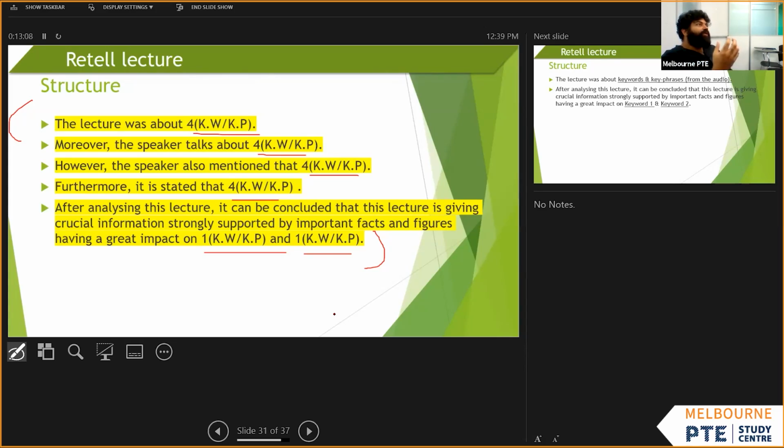Let's just say the four words or the four phrases I captured from my audio were carbon dioxide, carbon monoxide, poisonous gases, and effects of temperature. Okay, these were my four phrases. Now I will say it as the lecture was about effects of temperature, carbon dioxide, carbon monoxide, and poisonous gases. Moreover, the speaker talks about and then so along and so forth.